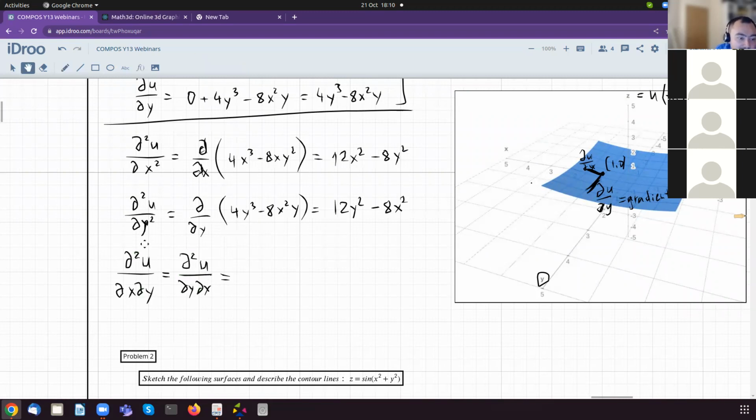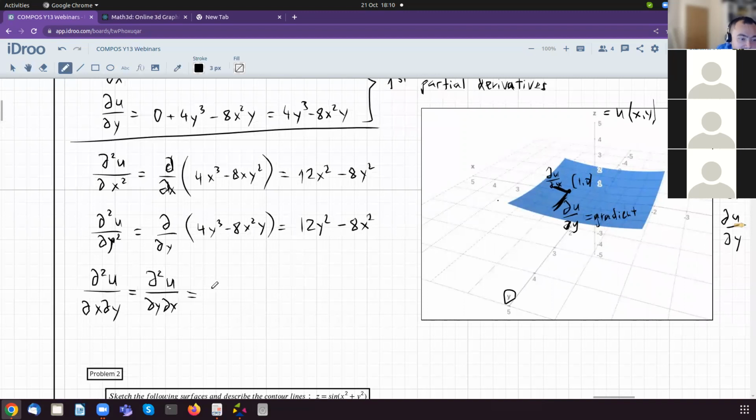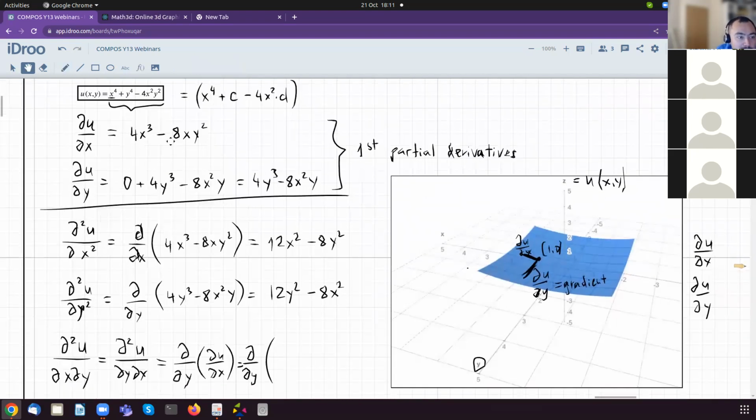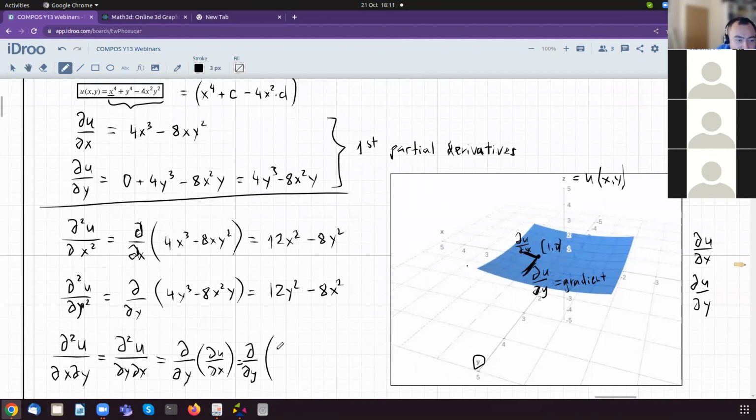So it's the d dy of du dx. So it's d dy of this expression, 4x cubed minus 8xy squared.